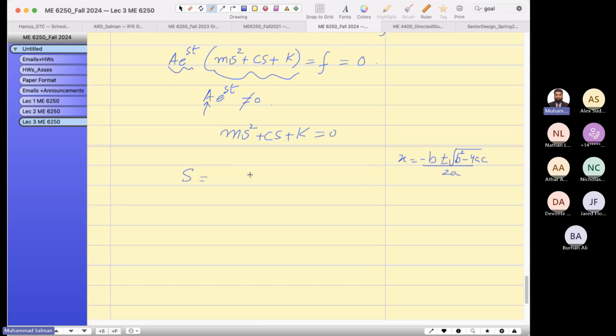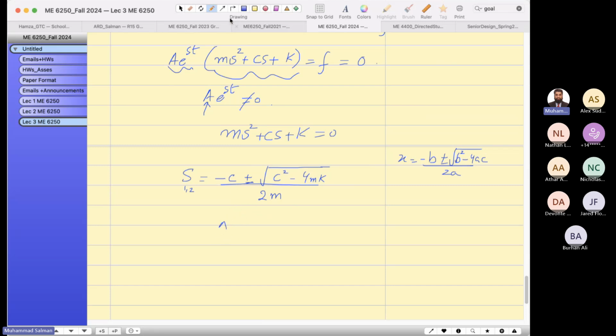So use the same formula over here to find the roots of this quadratic equation: minus c plus minus square root of c square minus 4mk over 2m. Based upon this formula, these are the two roots of the quadratic equation.